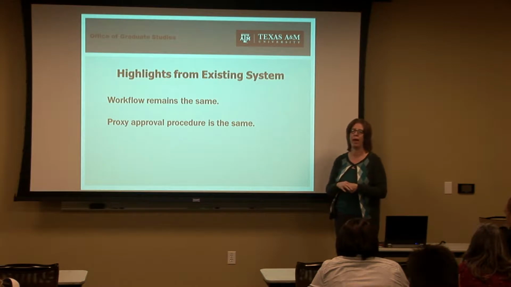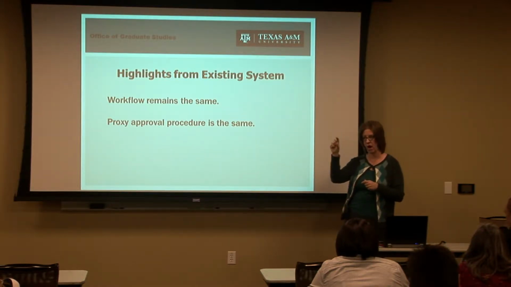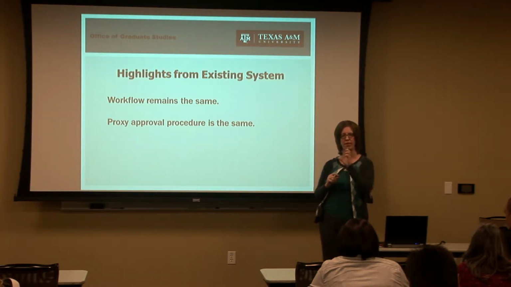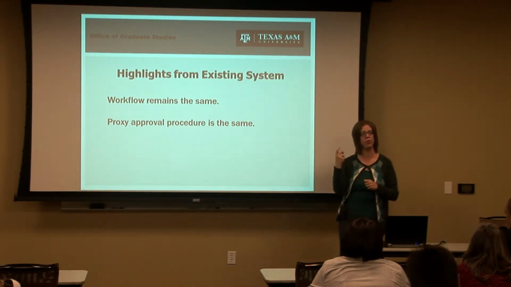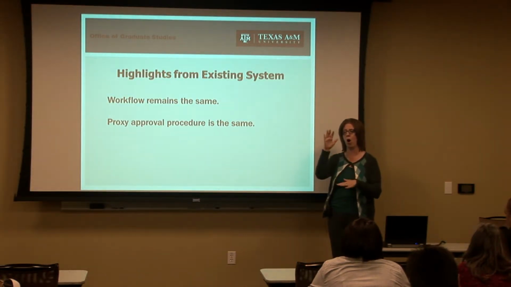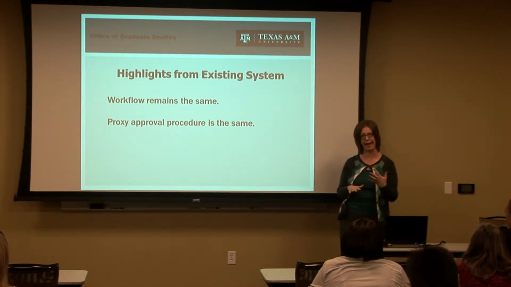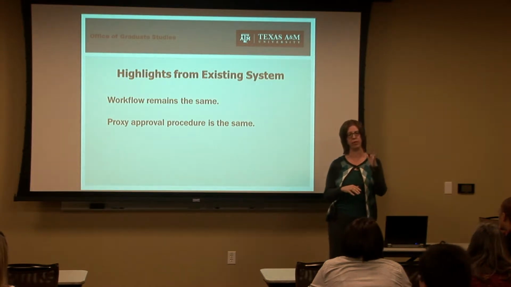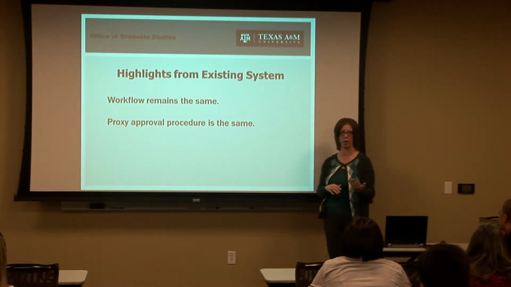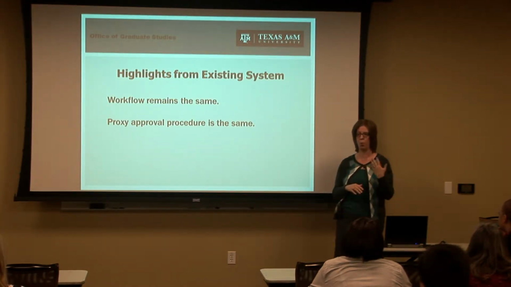There is a choice at the top that faculty have that says proxy. If someone is set up as a proxy approver and they choose that proxy tab, then all of the documents that they can proxy for are going to come up in a list. They would then need to scroll through, find the particular document they're looking for, and open it.